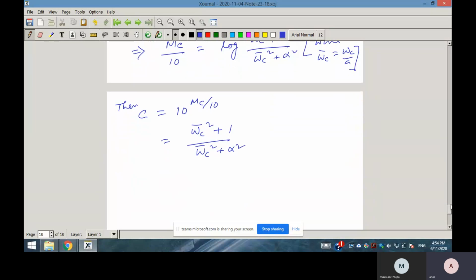Now what is your Q? Earlier Q was tan phi C. So here Q equal to tan of, so now phi C is the amount of phase lead I need.